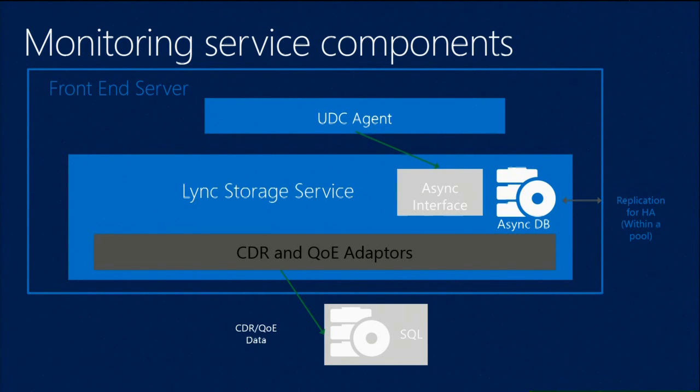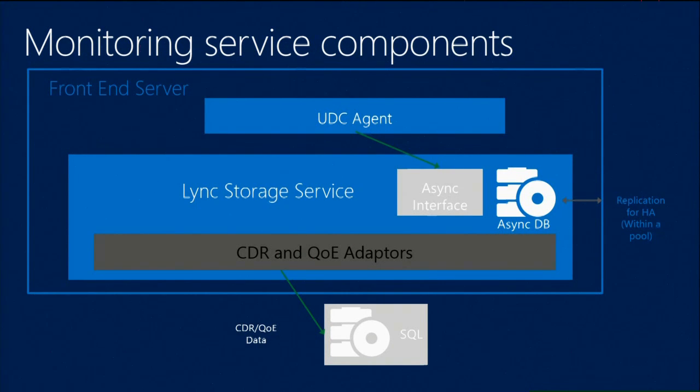So when you deploy a Lync 2013 front-end server, by default, we are dropping a SQL Express. And one of the databases that we are keeping in SQL Express is related to the Lync storage service. So think of it as a temporary buffer between a front-end server and a SQL database where the data is eventually sent to.